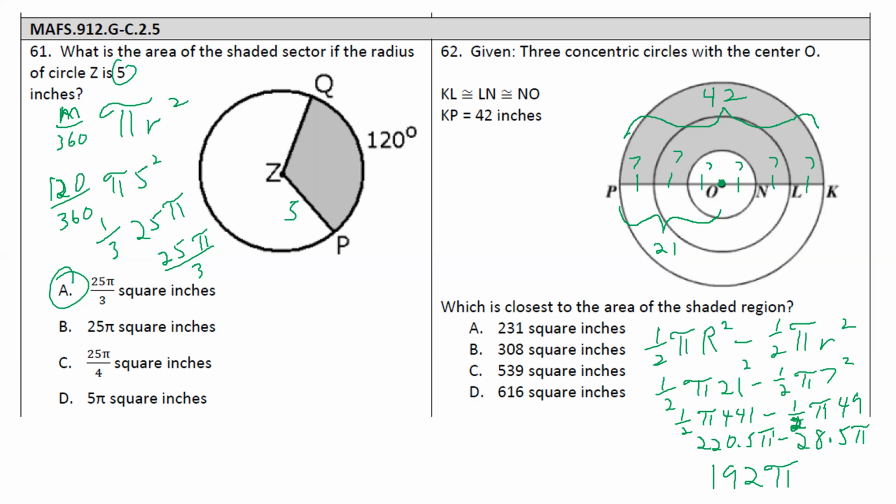Oh, this is 24. That's my mistake. I put 28. That should have been 24. So it should be 196 pi. So our final answer is 615.7, which rounds up to D, 616.